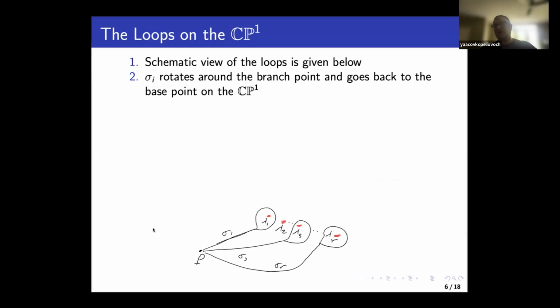Why are they rotated around the branch point? Because when I'm describing the action of this cover, of this function, I actually want to throw the branch points away. Okay? So I'm on a sphere. That's why I'm throwing also the infinity out of the way. And you can think about infinity as being one of these branch points. Okay?